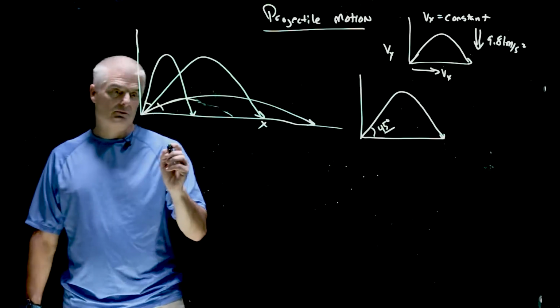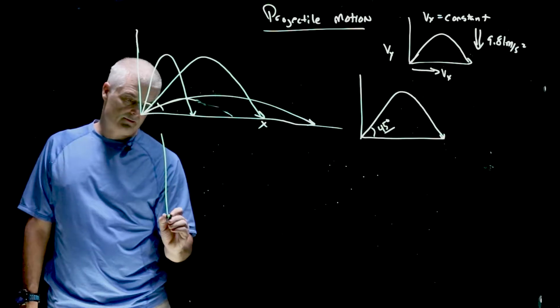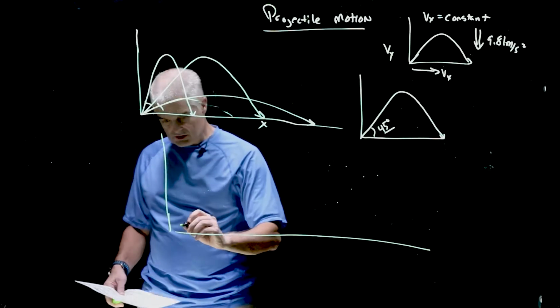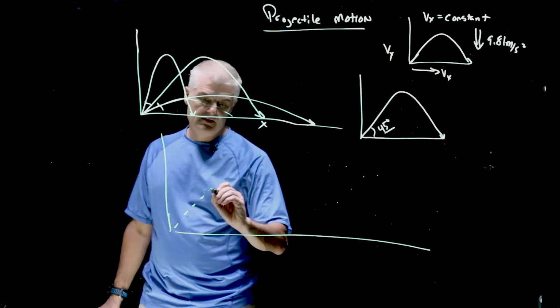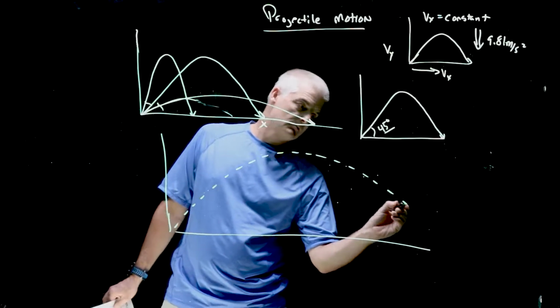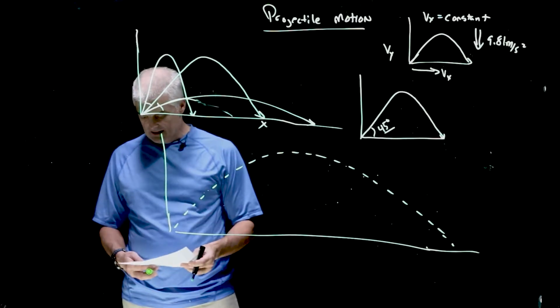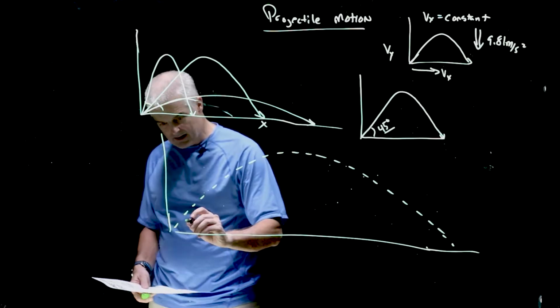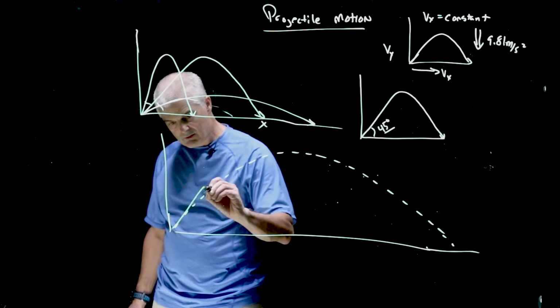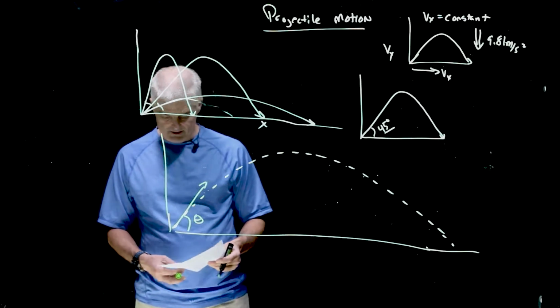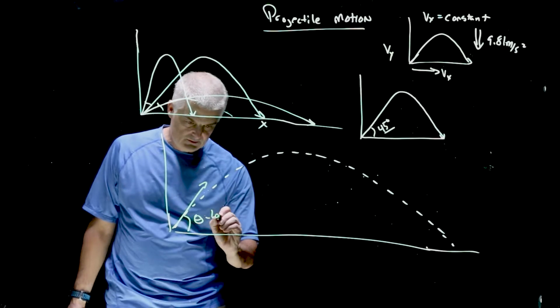But let's label some things. This is kind of an important graph to draw. Let's make sure we understand what each of these means. Here I'm going to launch something a long ways, but let's label this, because it will make life so much easier. From here I'm launching it, and this is the launch angle, or theta.